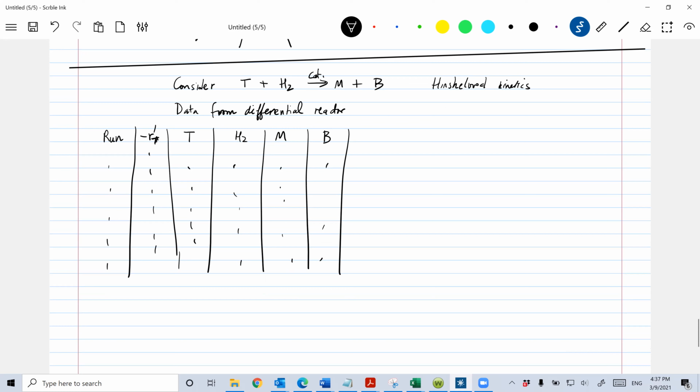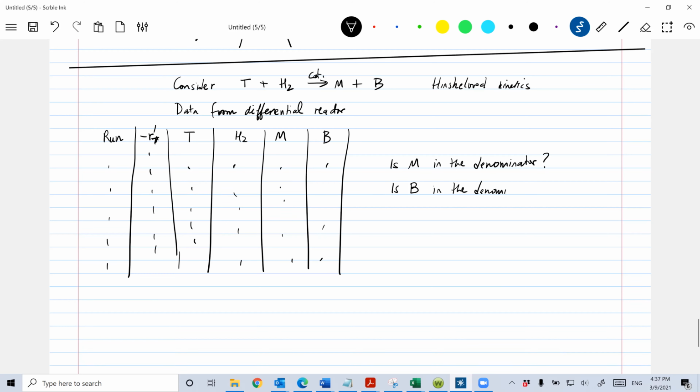You can ask, is methane in the denominator of this reaction rate expression? Is benzene in the denominator? So you have products, so you can ask yourself, this reaction is not reversible, so the products are not going to show up in the numerator. They're only going to show up in the denominator.